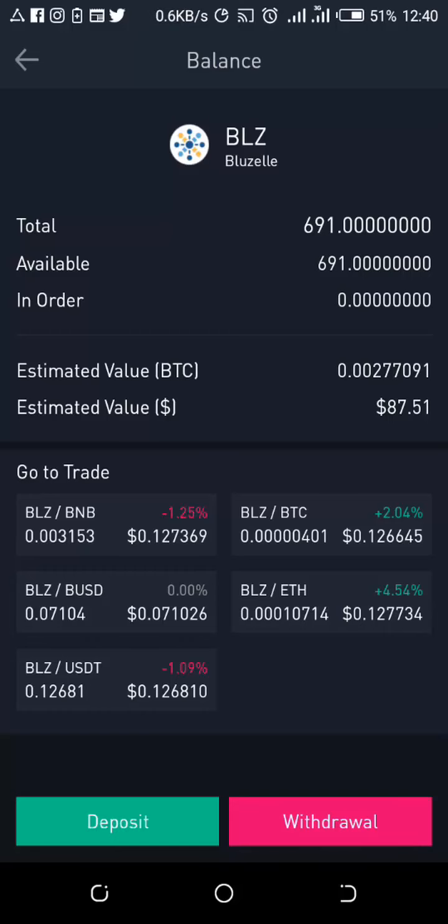All right, now we have $87 already, because the price has gotten to 401 Satoshi. So the price will keep increasing as the Satoshi price of BLZ increases.